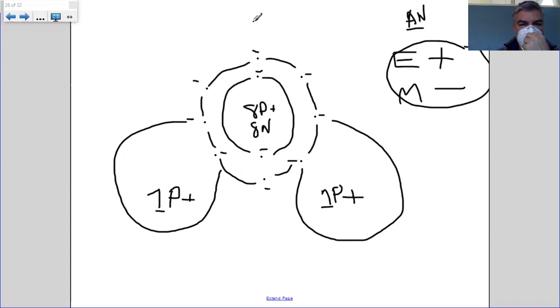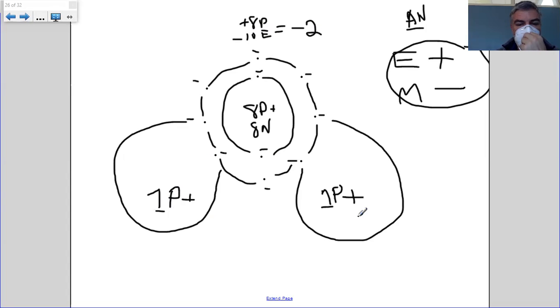So we have 8 over here, so it's a +8 because the oxygen has 8 protons. So I've got +8, but I have -10 for my electrons. So overall, the charge over here is going to be equal to -2.